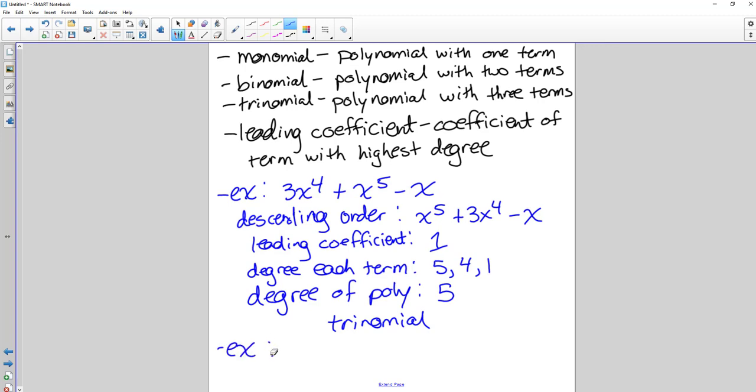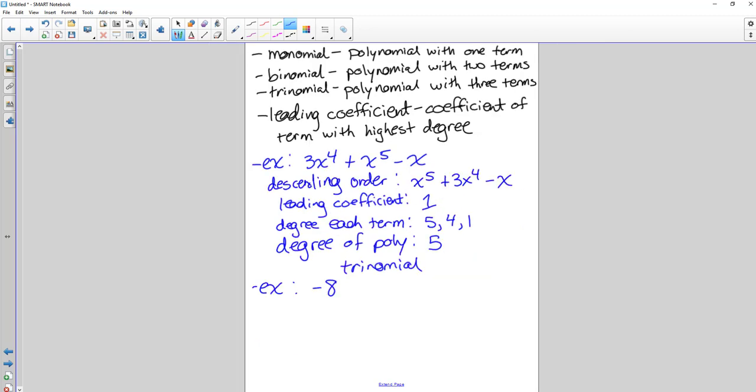How about the polynomial of -8? That's it, just -8. So it's already in descending order. The leading coefficient, sometimes I'll just abbreviate that LC, leading coefficient, would be -8, because remember, you could rewrite this as -8x to the 0 power, like we talked about in the beginning of this video.